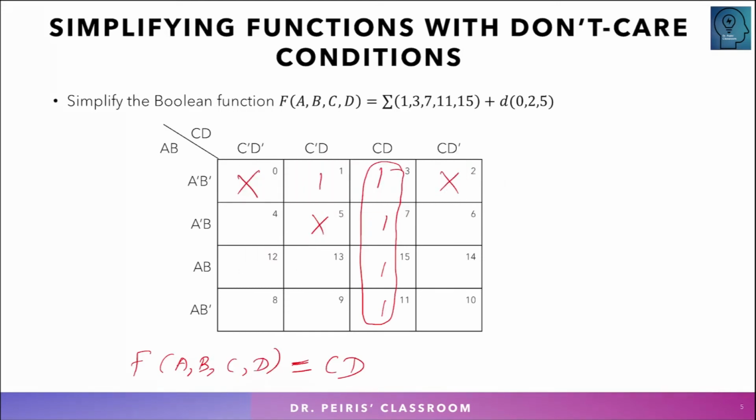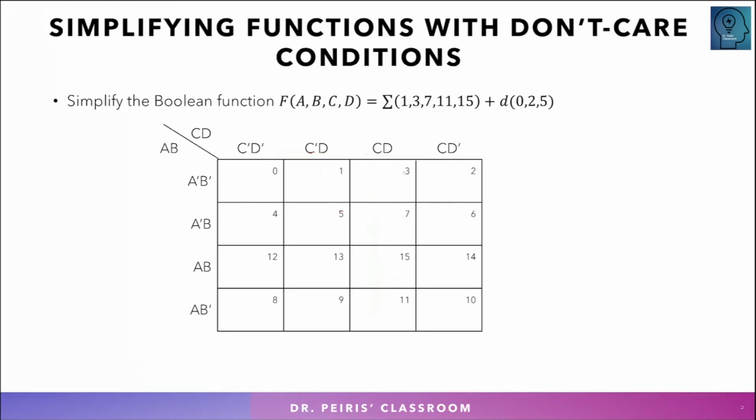Whatever you like. I might do this one here. Now this is the entire row A prime B prime, and nothing is common here, they are all different. So for this group it is A prime B prime. This is how you can do this question. CD or A prime B prime is the final simplified version.